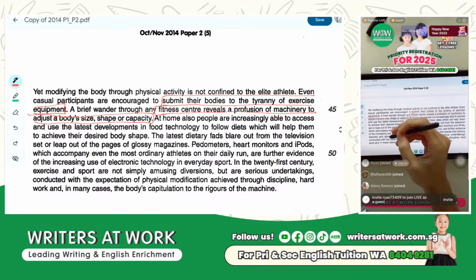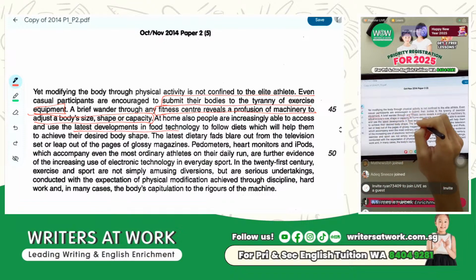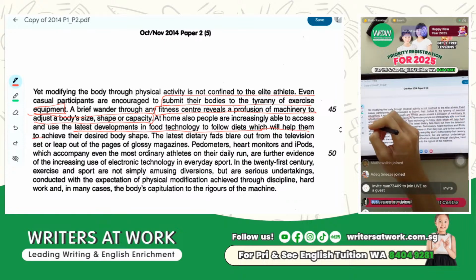Next, we also look at how there is the latest development in food technology to follow diets, which will help them achieve their body shape. So this is also another point: developments in your food industry.